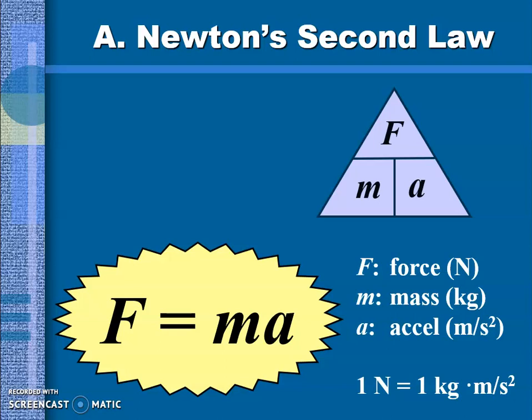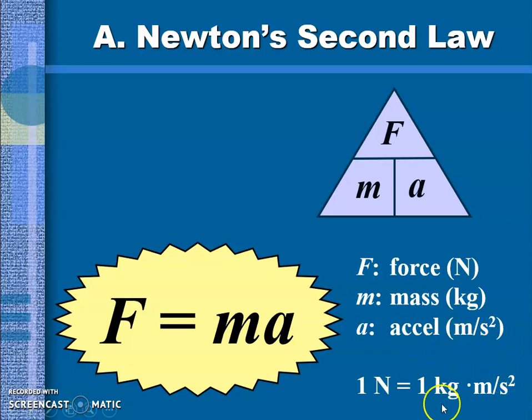You have mass, which is kilograms. Then you have acceleration, which is meters per second squared. So for those of you who like to keep up with your units, 1 Newton is equal to 1 kilogram meter per second squared. Since it's kilograms times meters per second squared, that's your full unit for a Newton.